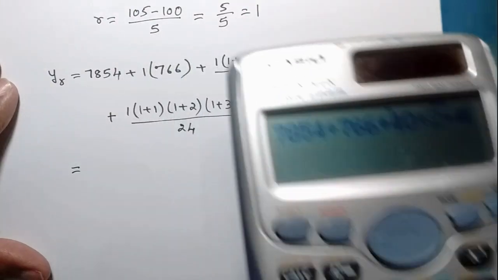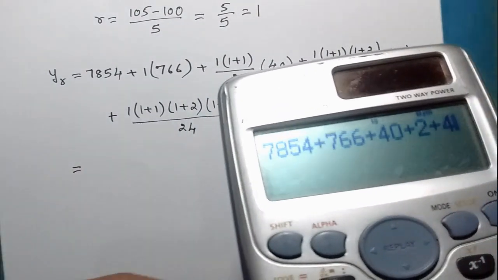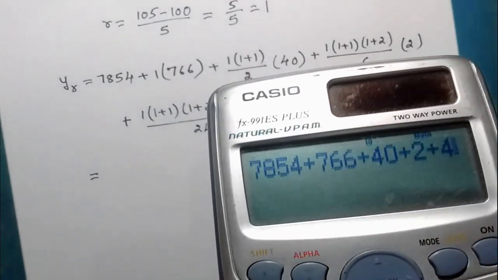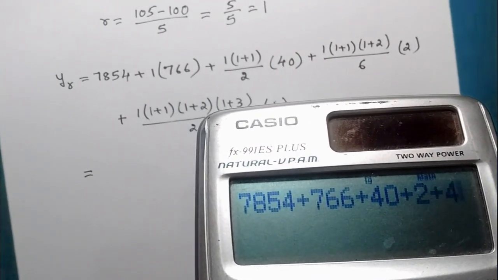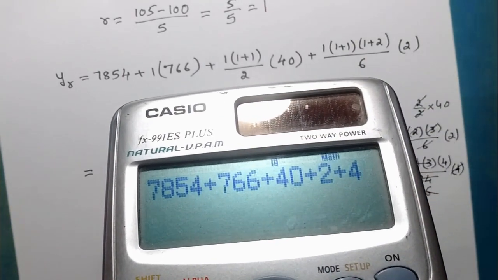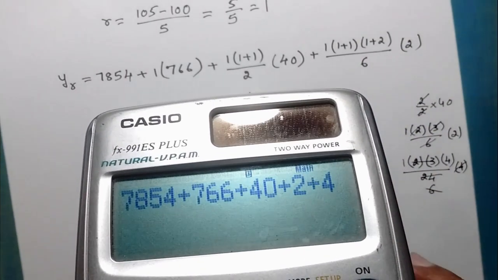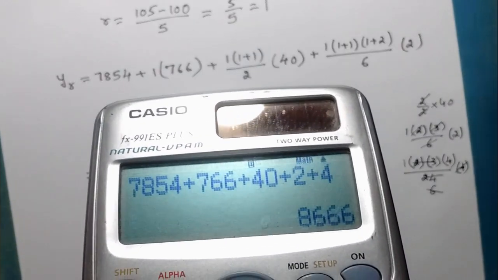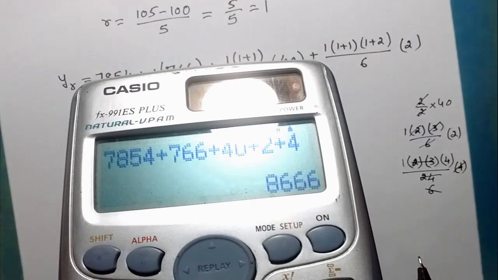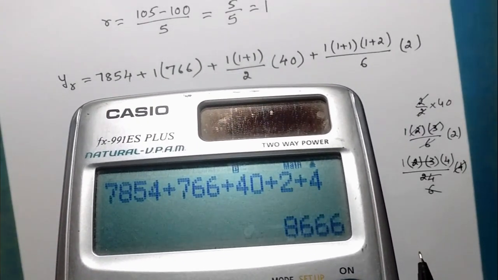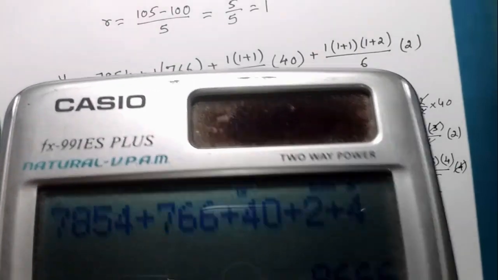Either you type all the values in the calculator, or you can simplify and type it. So you can just check it. You can see the values that you have typed over here. So the first value that I have typed is, you just check it. Alright, 7854 plus 766 plus 40 plus 2 plus 4. Those are the terms that you have. So if you just press equals to sign there, how much is the value that you are getting? Just check it. It is 8,666.